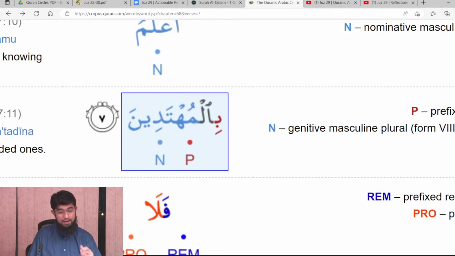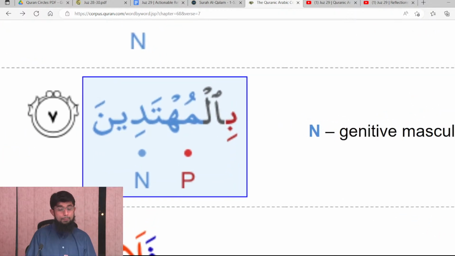Okay, so here the root letters are ha, dal, ya. This is another pattern that you can look at. If you just look at muhtad, meme is the one, meme followed by something. That's a very important usual pattern: a person with that quality.